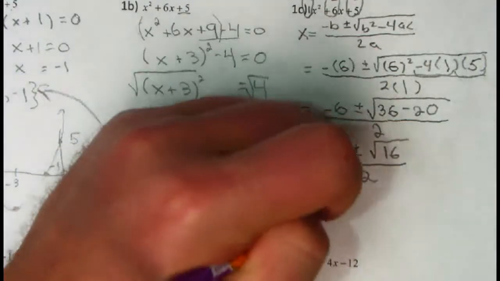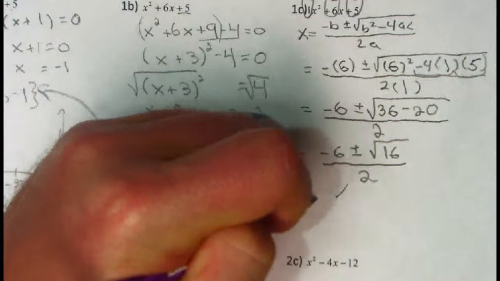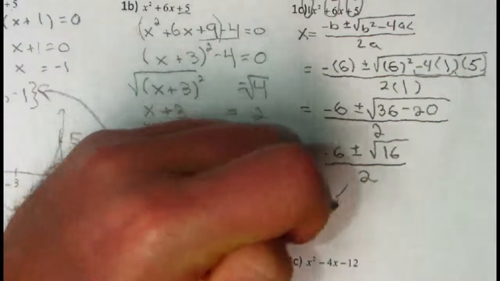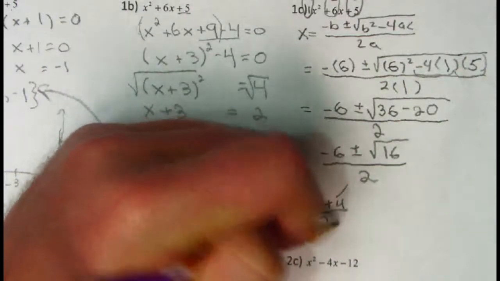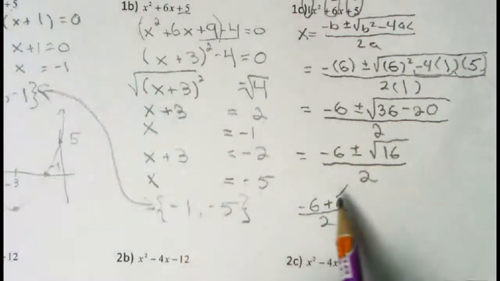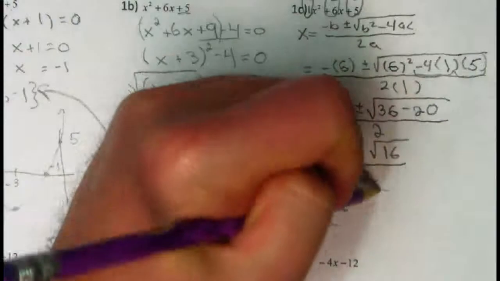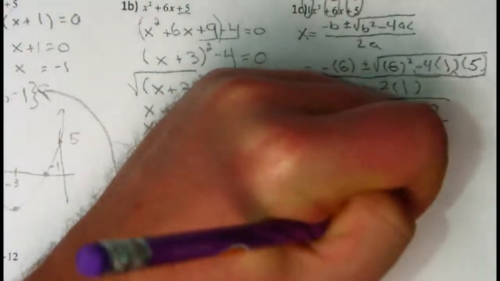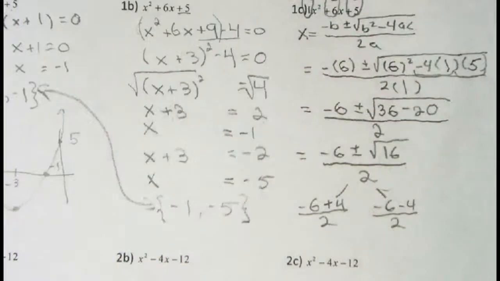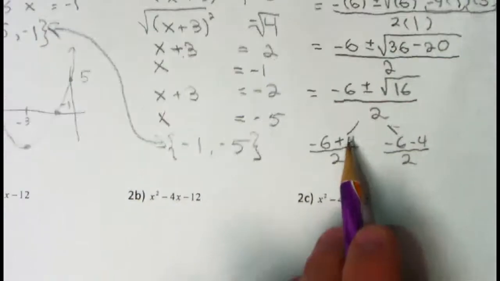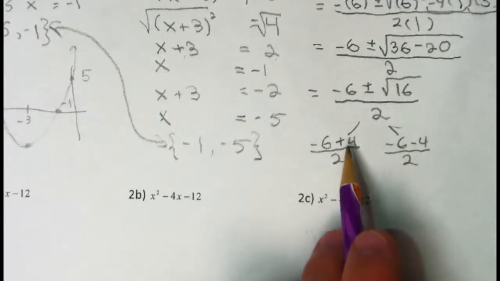And then finally break it up. We have negative 6 plus 4 over 2. The square root of 16 is 4. And negative 6 minus 4 is 2. Negative 6 plus 4 is negative 2.